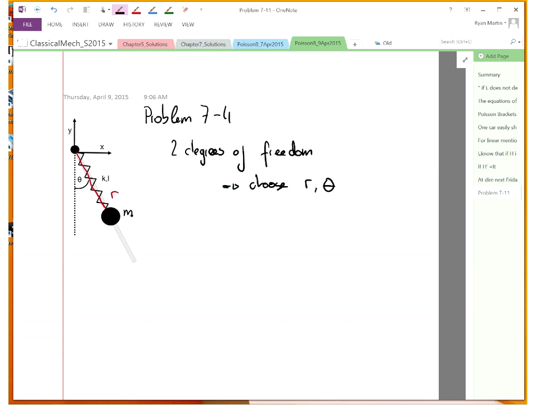So step 1, we're asked again to present the Hamiltonian and then solve for the equations of motion using the canonical equations. So in this case, the kinetic energy is given by a half m.